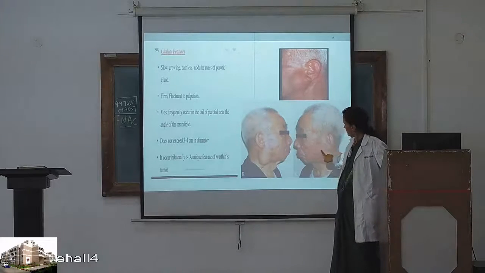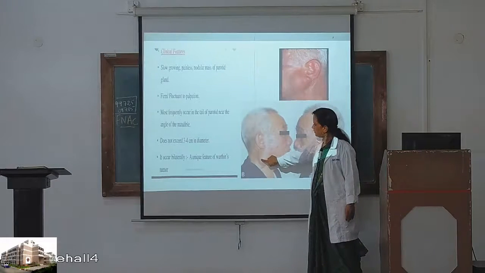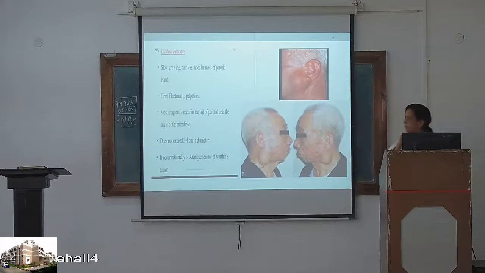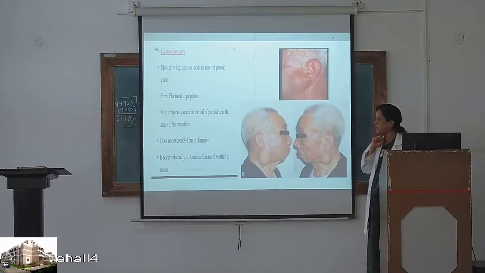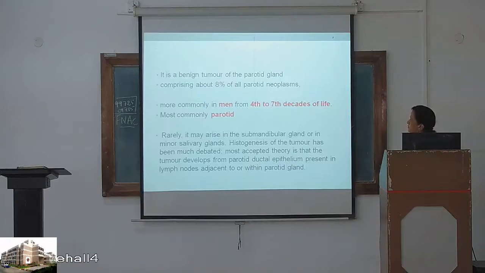When we touch it, the consistency, looking at it we probably feel it must be soft and cystic. Right? It's at the angle of the mandible, usually about 3 to 4 centimeters, in elderly individuals who are smokers.